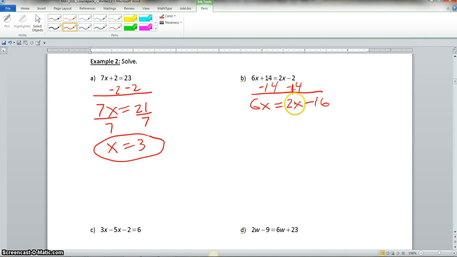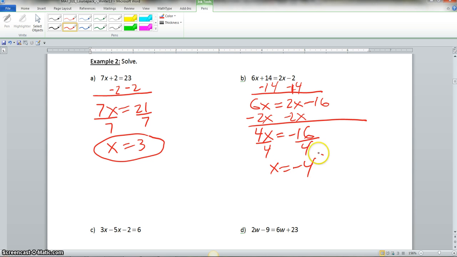Now we have to move this x to the left side. So we would subtract 2x on both sides of the equal sign. So now we will have 4x is equal to negative 16, and then divide each side by 4, and x equals negative 4.